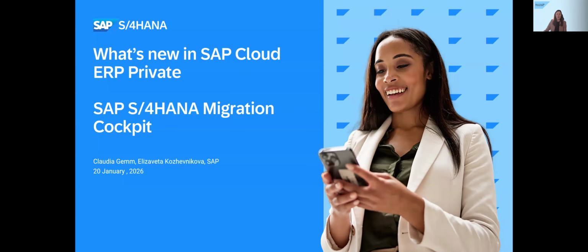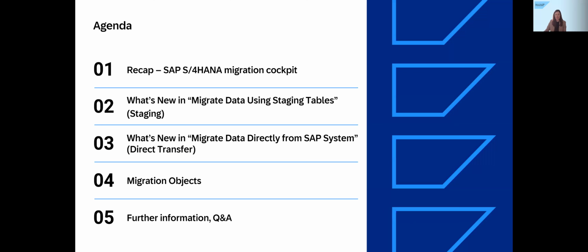I will start with a short recap and refresh the knowledge about the Migration Cockpit, what's in scope and which approaches it includes. Then I will continue with the staging approach and share more deeply what has been released in 2025, and also share some updates for the upcoming release 2025 feature pack 1.